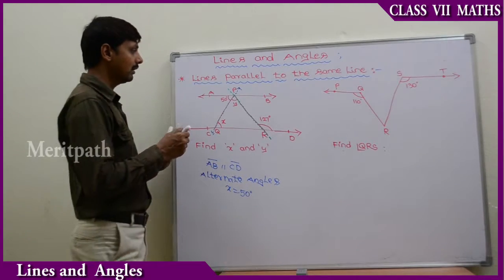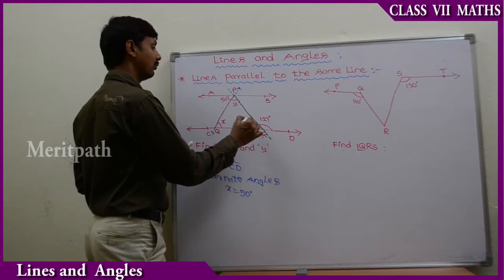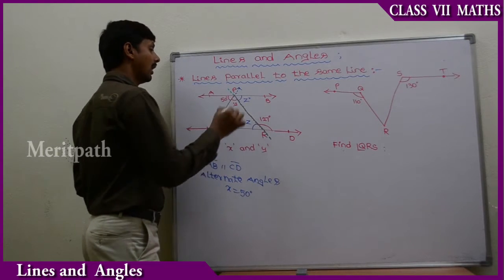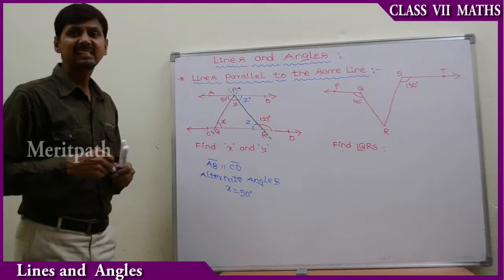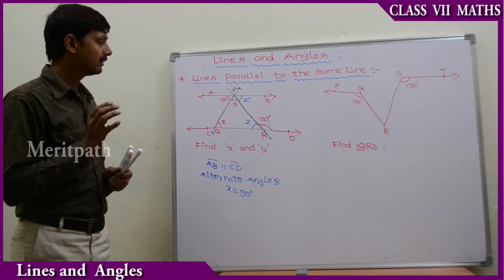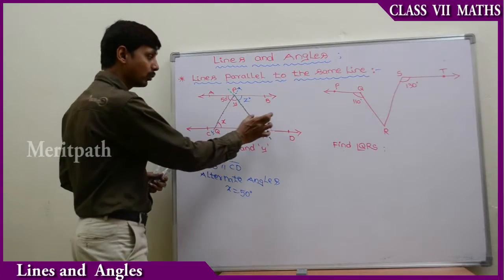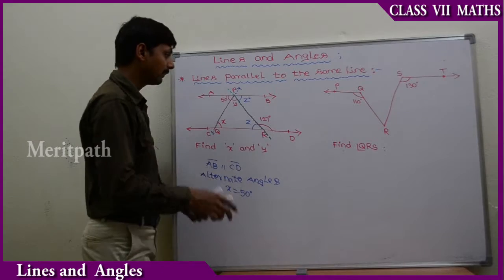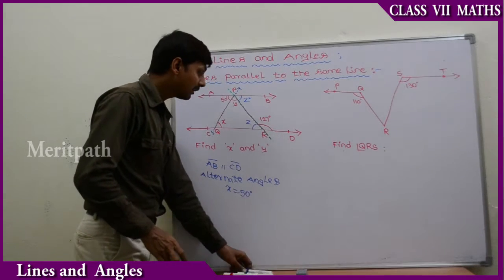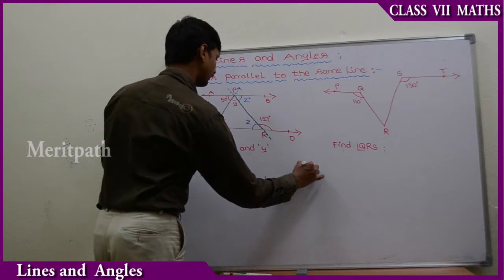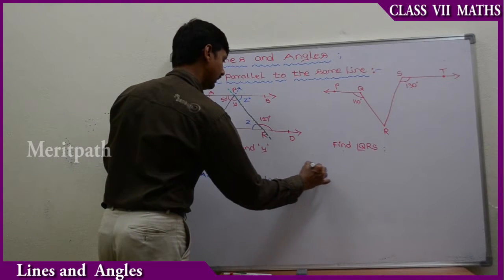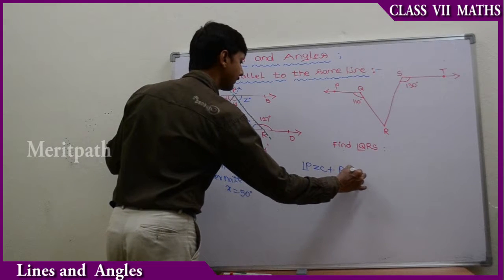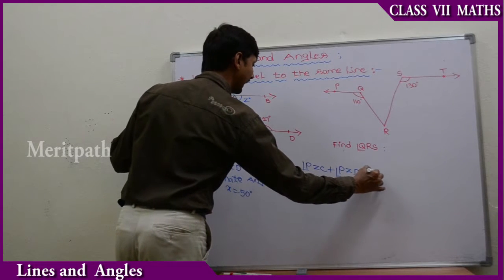If we take here, for example, the angle we want, let's name it Z. Angle Z and 127, that is PRQ and PRD, are a linear pair. The sum of angle PRQ and angle PRD is 180 degrees.